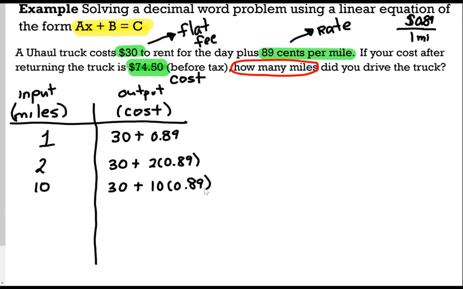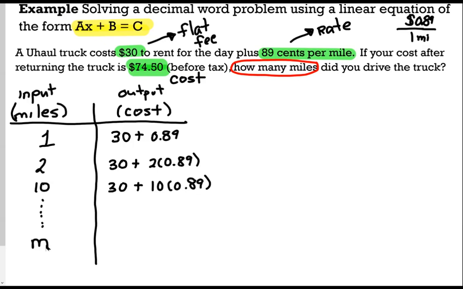Now, at some point, you want to be able to recognize the pattern that is occurring here when we calculate the cost. So once you can recognize the pattern, then you want to generalize. M miles, we're using a variable instead of a specific value.